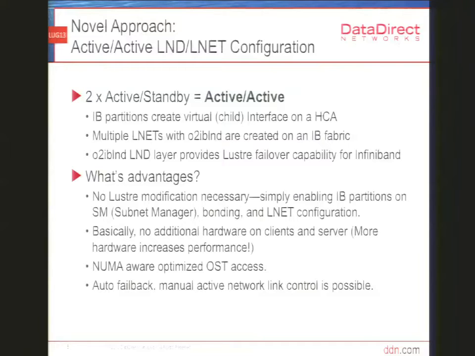So what is the advantage? We don't need any Lustre modification. It needs just the IB partitioning configuration, and the extra bonding and LNET configuration. Of course, we don't need any additional hardware on the client and the server, but if we want increased performance, additional hardware helps. Since Lustre 2.3, we have the CPU affinity setting for LNET.